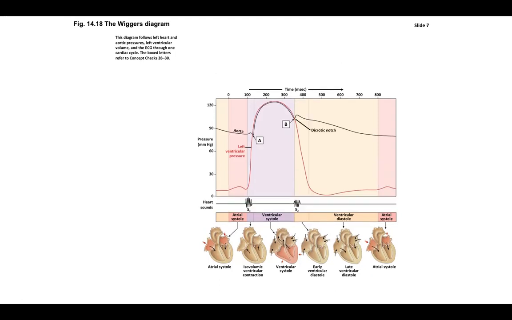So one of the last curves that we're going to throw on here is the aortic pressure curve. And the first thing you'll notice is that at all periods of time, the aortic pressure is quite high. And that's true of most large arteries of your body. You're going to always have a fairly high pressure. And that is related to the fact that there is a significant amount of smooth muscle within the arteries.